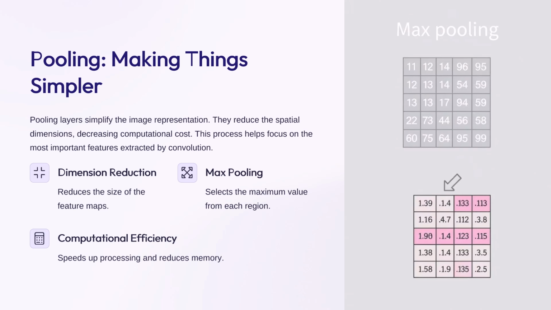It takes small areas like 2 by 2 blocks and keeps the largest number in each. This helps keep strong features and ignore the noise. There is also average pooling, which takes the average of the values instead. This gives a smoother, less detailed version. Pooling also helps the CNN run faster and avoids problems like overfitting.